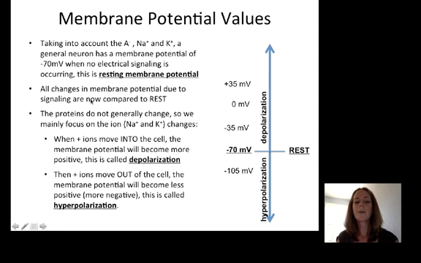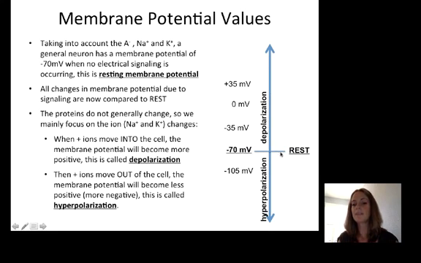So if positive ions move into the cell, then the cell is going to go from negative towards positive. That going from negative rest to a more positive value, close to zero, even past zero, we call depolarizing the cell.